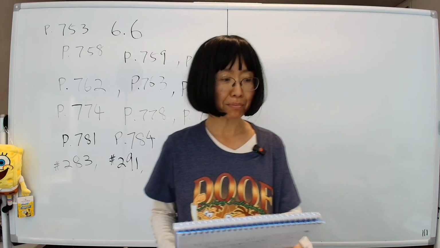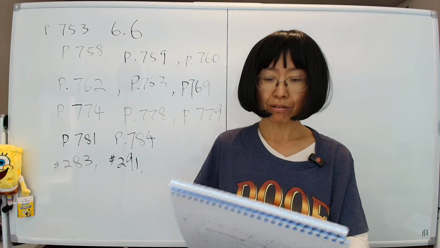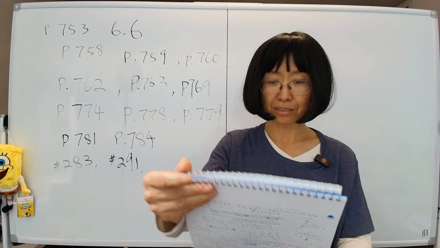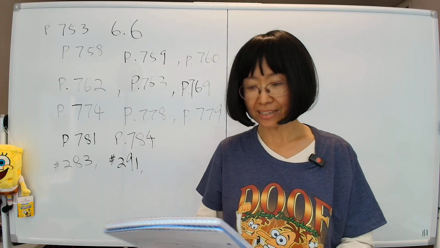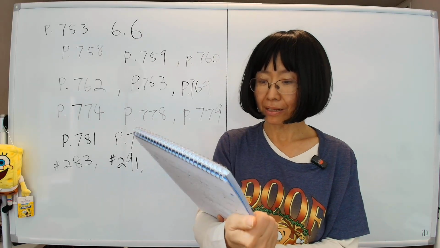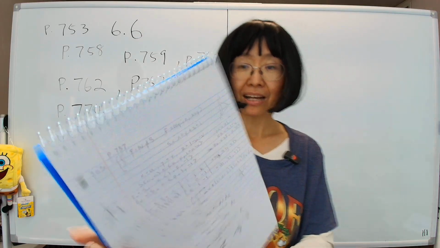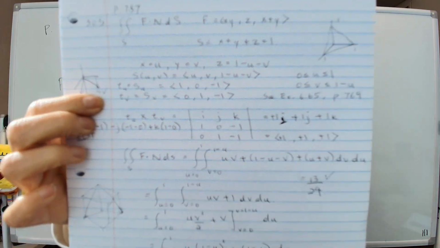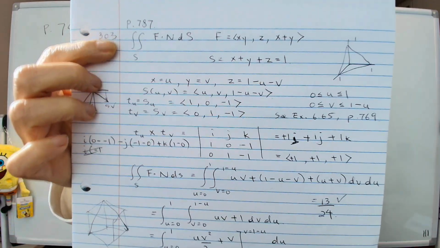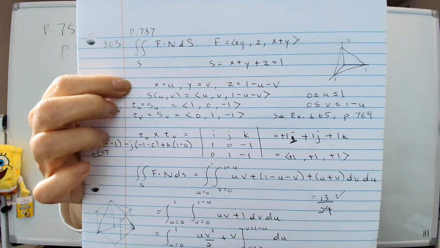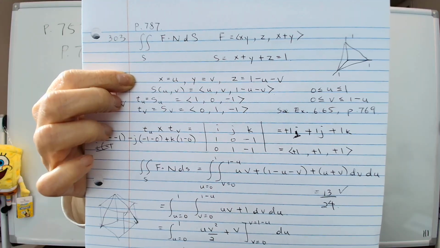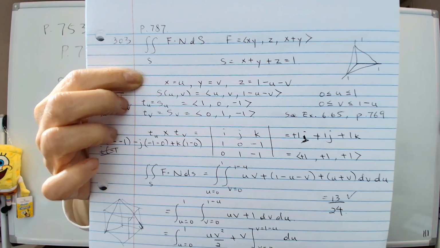let's do problem 303, where we are doing the same or similar things. We're doing F dot n dS, so we'll just plug everything in and follow the rules. The rule says we've got all the stuff. The first part is we need to consider parameterizing the triangle area that we want.